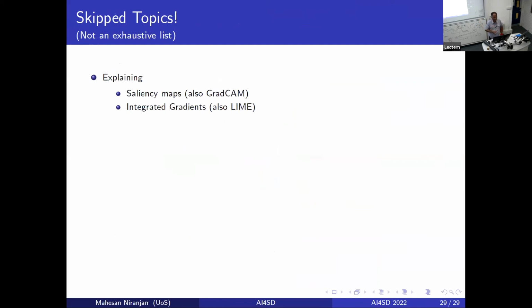So here is an image, and I'm saying this person has a particular illness, and the doctor would want to know where the decision is coming from. And in the very early stage on the image, if you localize those features, then they might say, yes, that's where I would have looked as well.